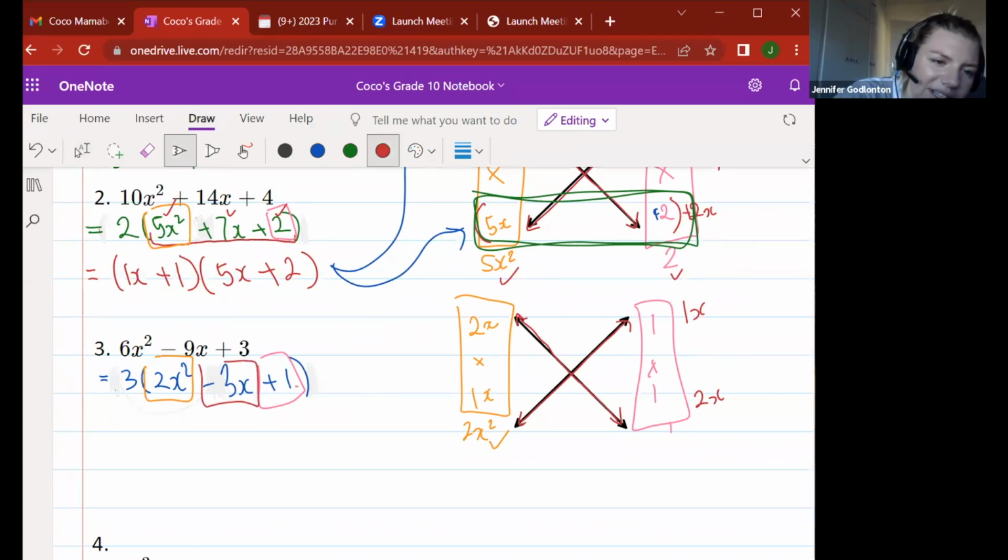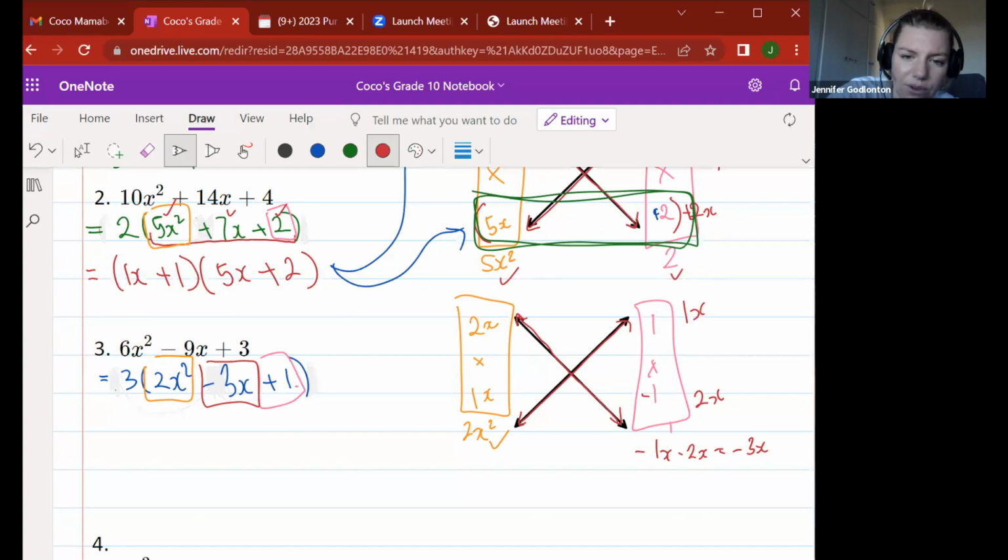I'm trying to get to negative 3x. So because I'm trying to get to negative 3x, what does that mean about my 1x and my 2x? What do they both need to be if I'm trying to get to negative 3x? They both need to be negative. So negative 1x minus 2x, that's going to give me negative 3x.